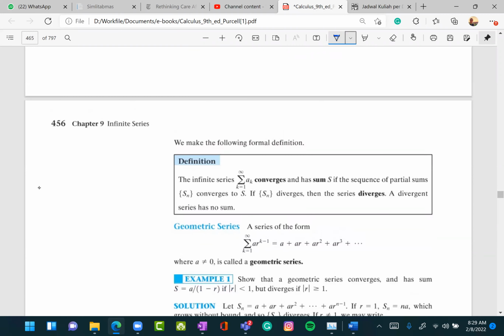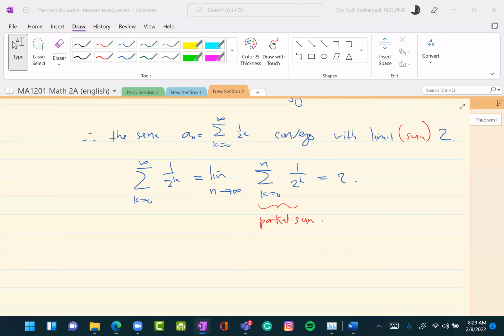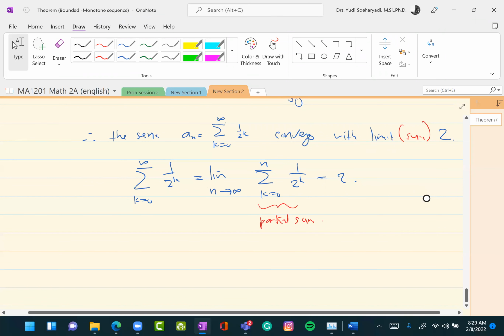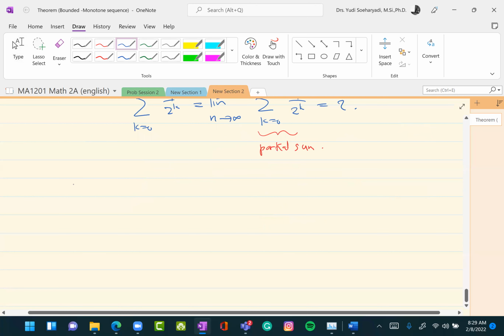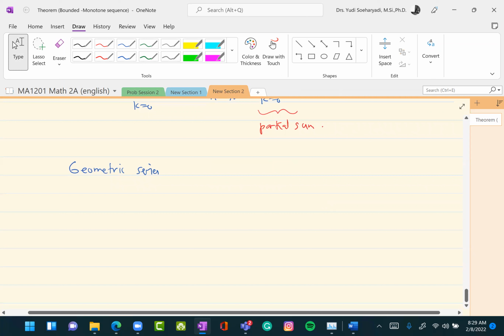All right, so let's do what we call a geometric series. Well, a geometric series is a series of this form. Now, let's see.